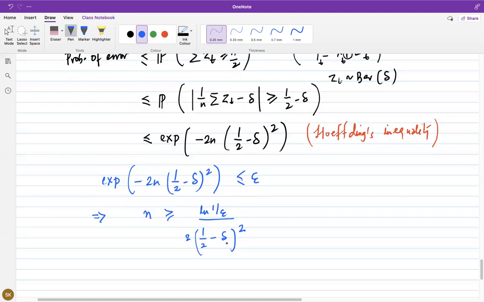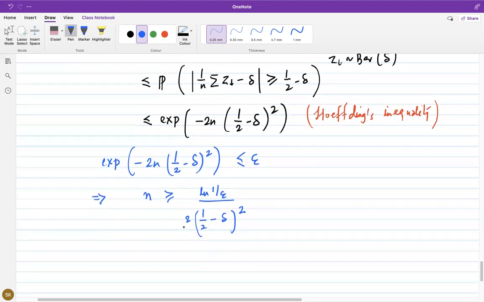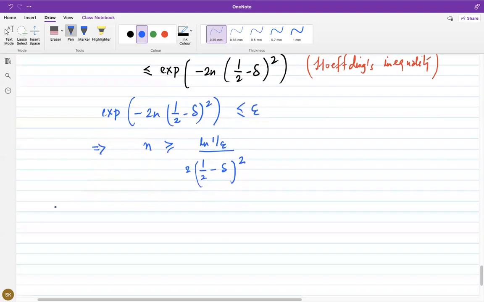Note that this delta is a fixed quantity specified by the channel, which is the BSC channel, and the acceptable probability of error for us is epsilon. For every epsilon that you choose, accordingly you need to transmit the same value using the repetition code these many times, so as to get the probability of error upper bounded by epsilon. So with these many repeated transmissions, you can only transmit just one bit of message reliably, right?